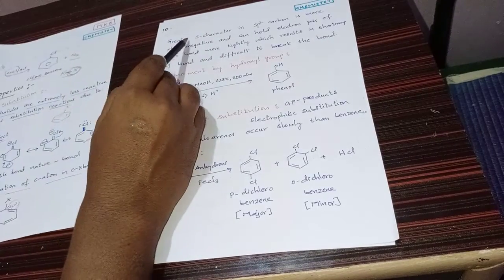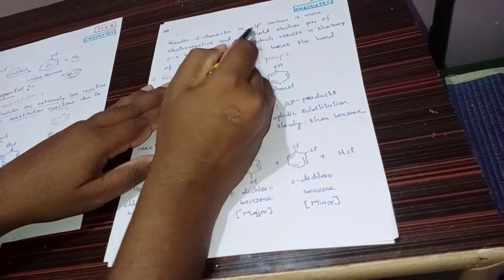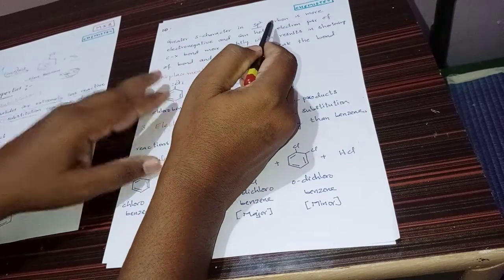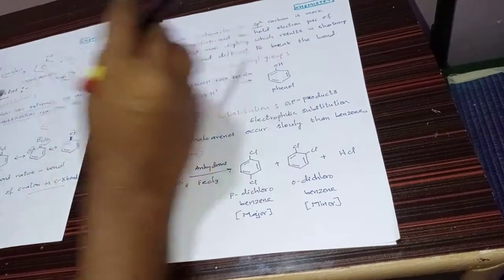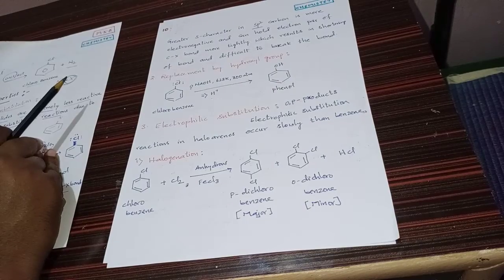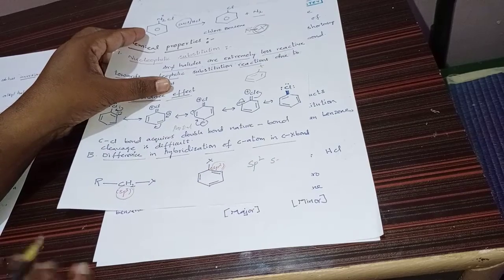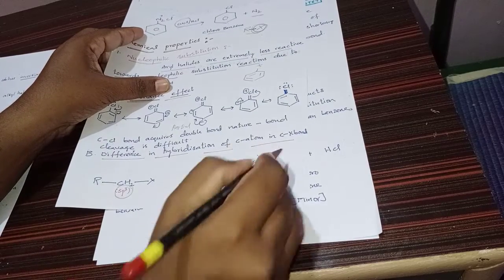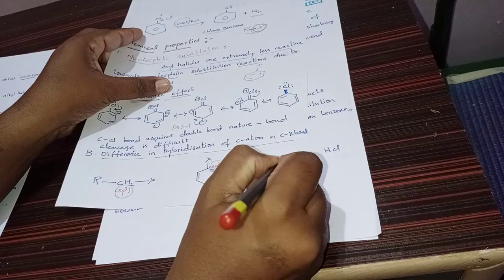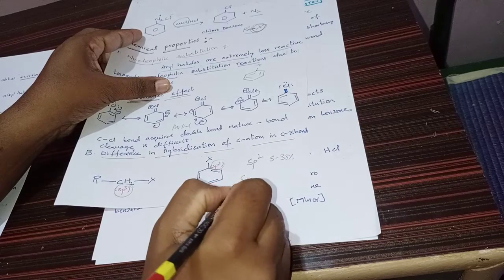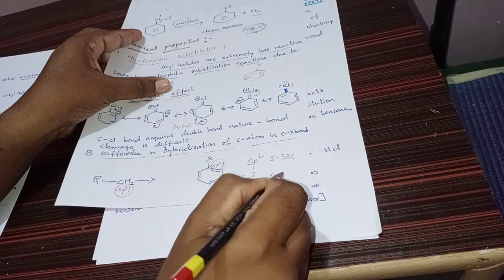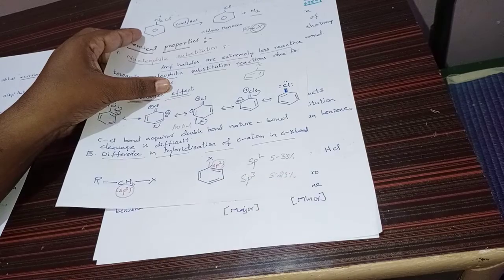Here, see, greater S character in sp2 hybridized carbon. In sp2 hybridized carbon, the S character is 33%. In sp3, the S character is 25%.